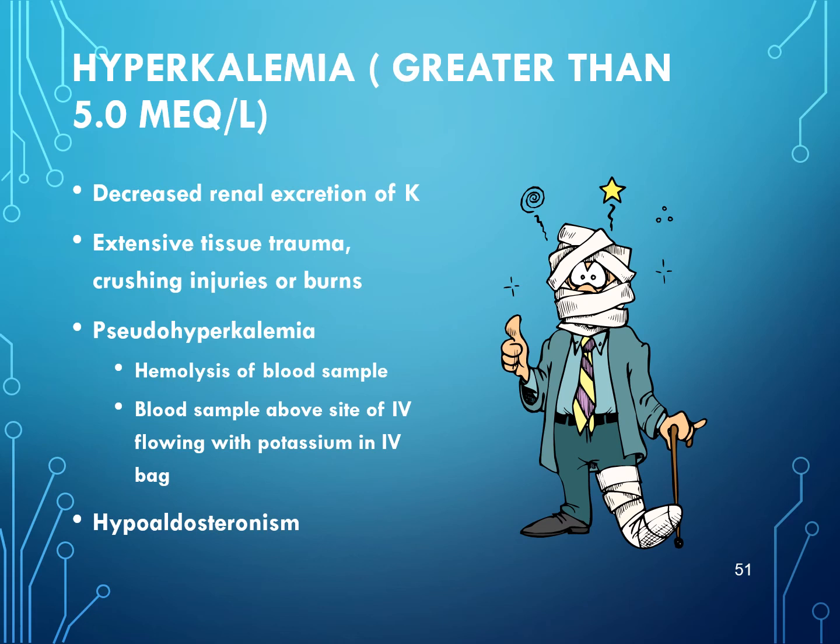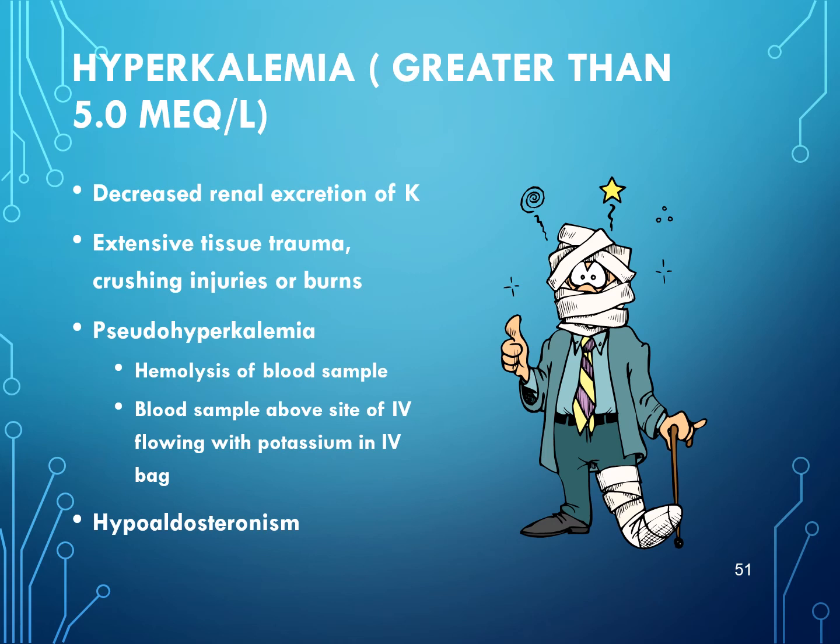Then we can also have it from hypoaldosteronism and Addison's disease. This is where we have decreased adrenal hormone being excreted, so in hypoaldosteronism, we have sodium loss and potassium is retained. So our potassium levels will build up.